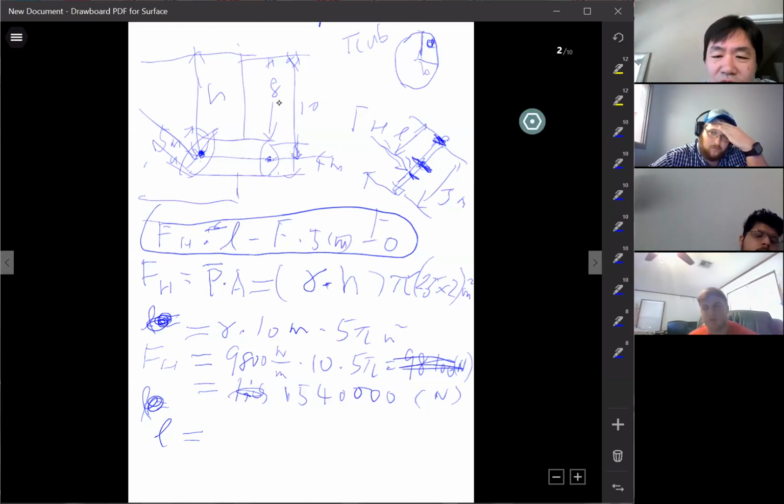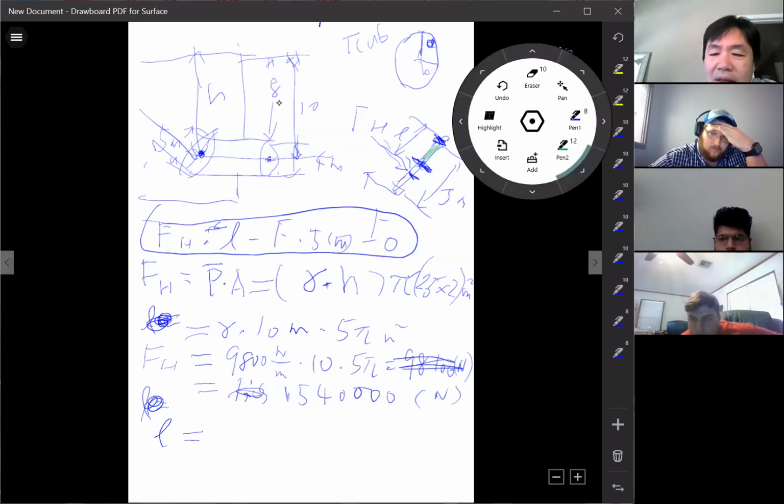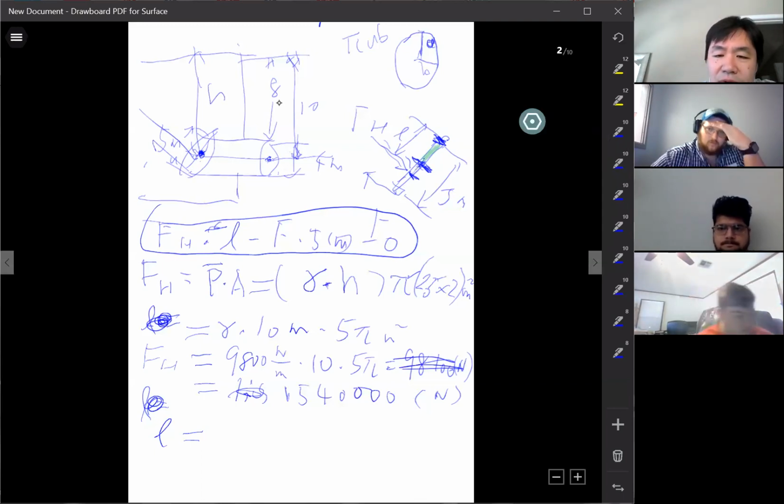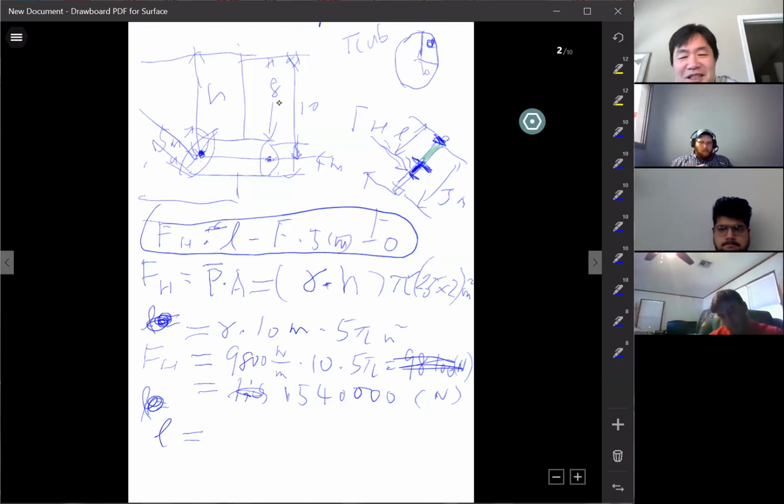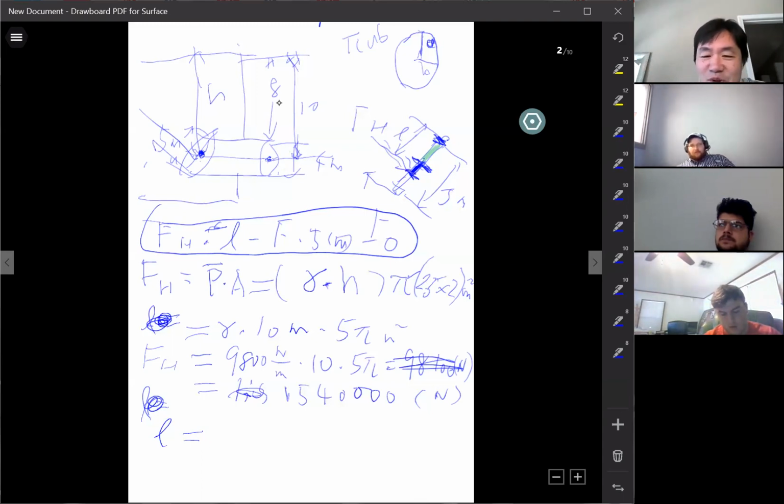You have two lengths, the green and the blue. Is my drawing good? Is that L? So at least you can combine these two parts.